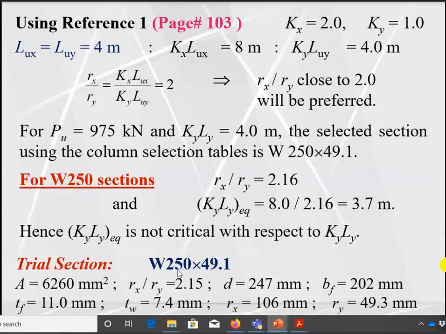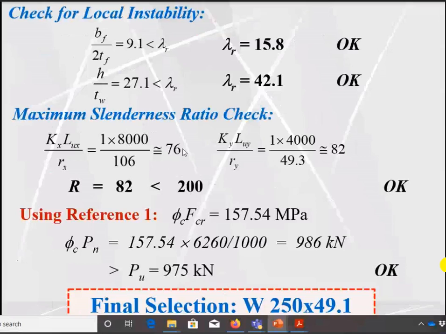So this section may be the final section, but just to confirm, we need to apply all the capacity checks. Write down the area, Rx over Ry ratio, and depth of this section. You can check from the table given at the start of the LRFD manual. Anyhow, we will apply the local instability check.